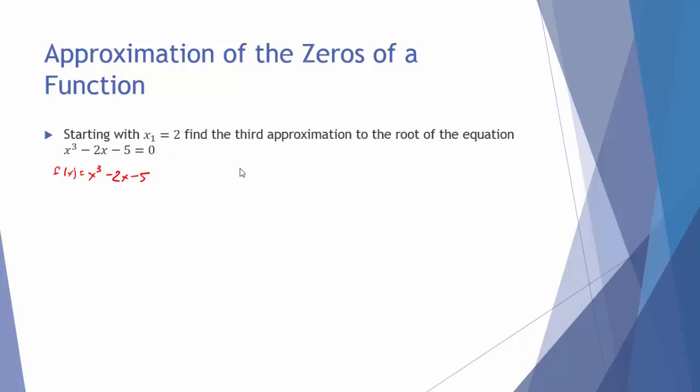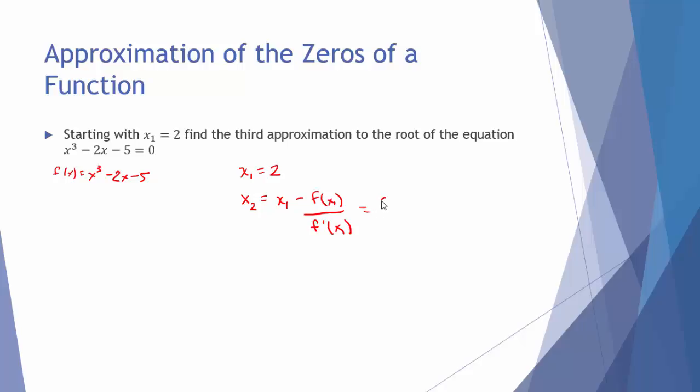So we've been given x sub 1. We know that x sub 1 equals 2. So what we need to do is find first x sub 2 and then x sub 3. So in general, x sub 2 would be found by taking x sub 1 and subtracting from that f of x sub 1 divided by the derivative evaluated at x sub 1.